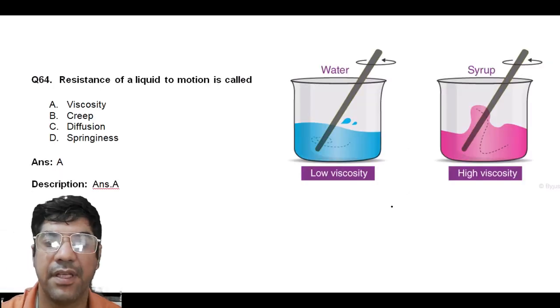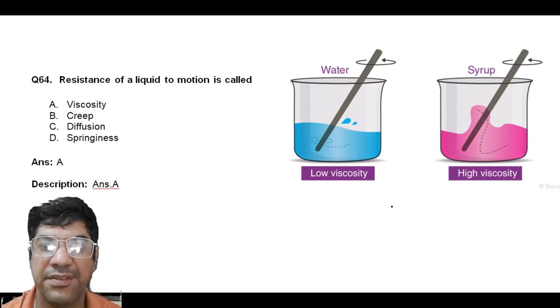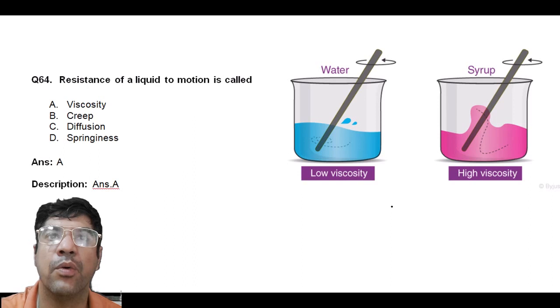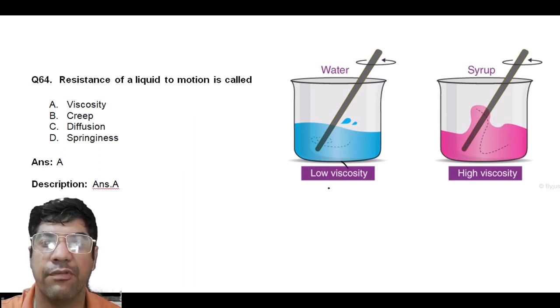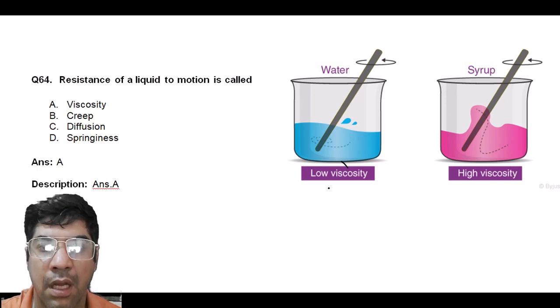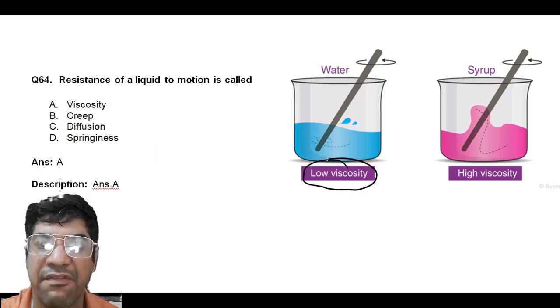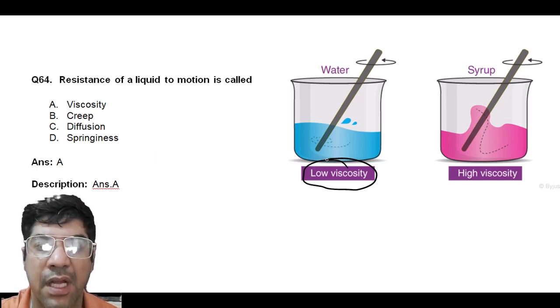The resistance of a liquid to motion is known as viscosity. Viscosity is the fluid's internal friction or resistance to flow. That depends on how easily a fluid can be deformed or how resistant it is to motion when subject to an external force.